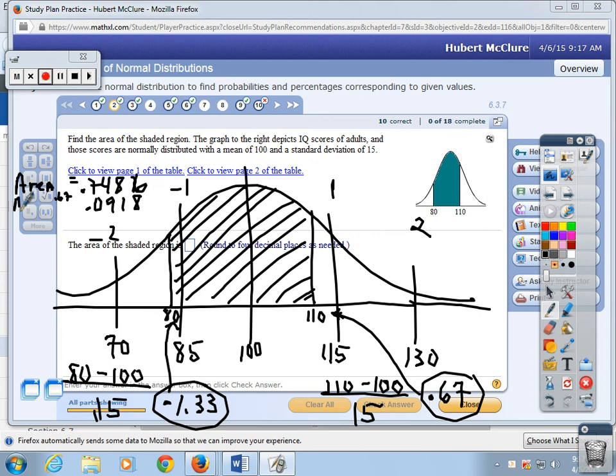And that's the area for negative 1.33. Subtract the two. And what do you get? 0.6568, and that is your area right there, 0.6568.